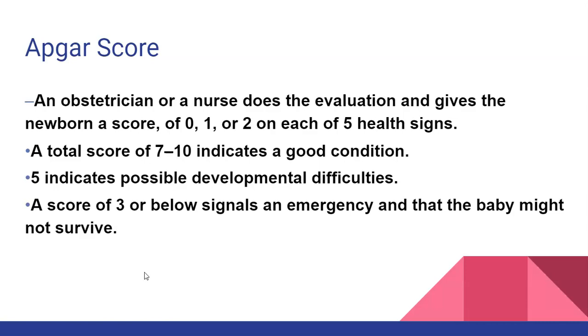A score of 3 or below means that the child is not doing well. The child may not survive, and so they may have to take the child to the NICU. They may have to perform a procedure right then and there until they get the child to the NICU. So the APGAR score is very important in assessing the newborn's health after the newborn has been born.